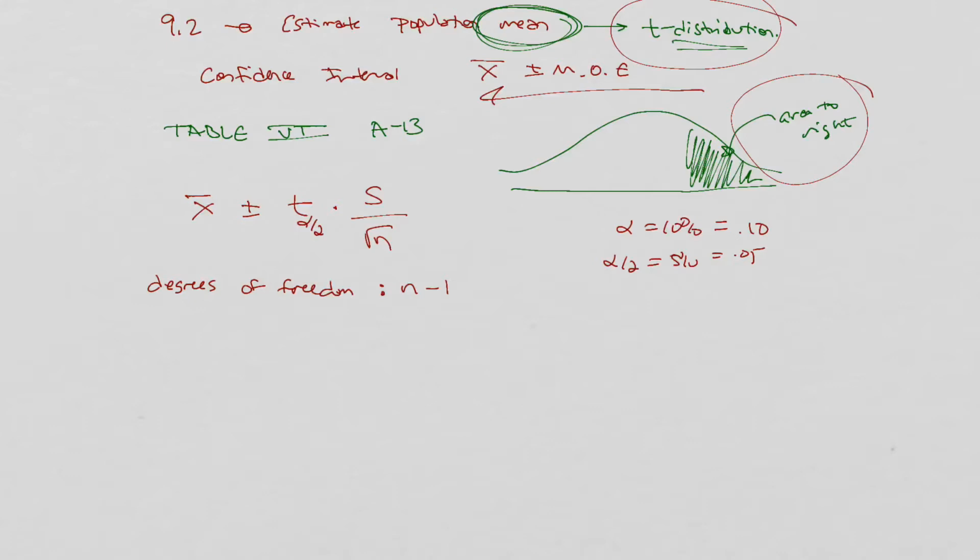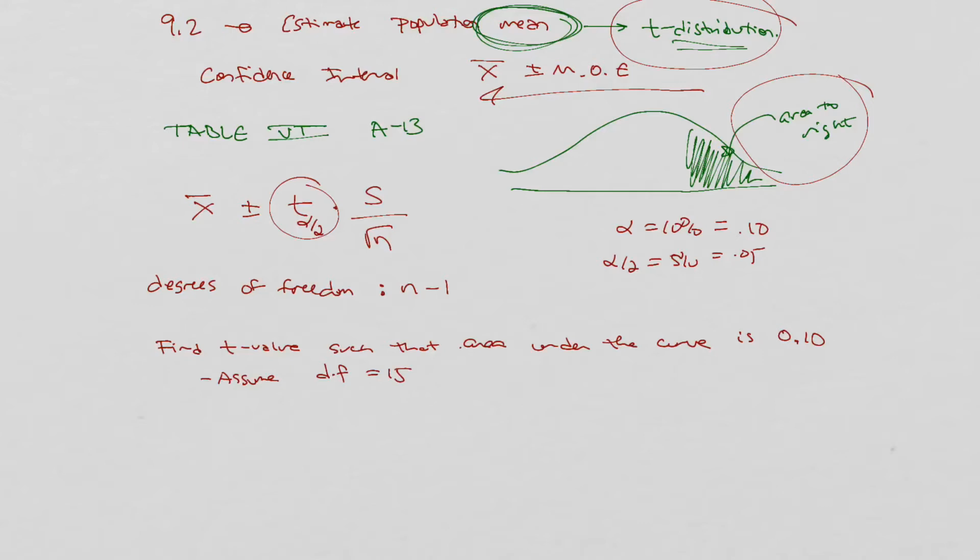Let me set up a problem for you. Let's see if we can figure out how to find these t-values. Let's find the t-value such that the area under the curve is 0.10, and let's assume the degrees of freedom equals 15.